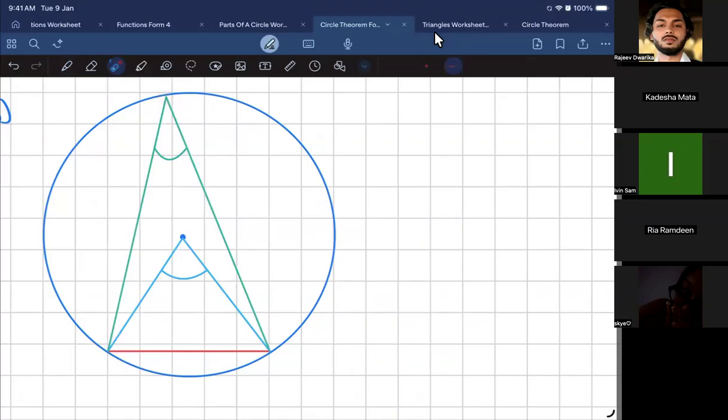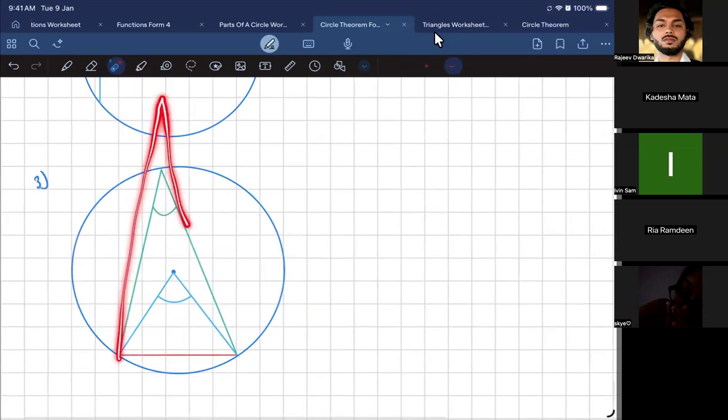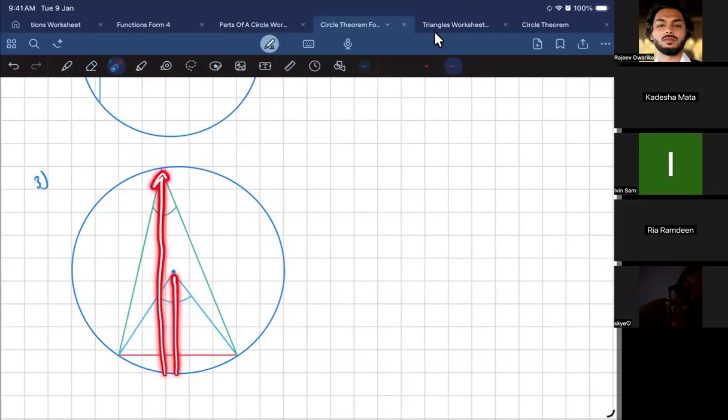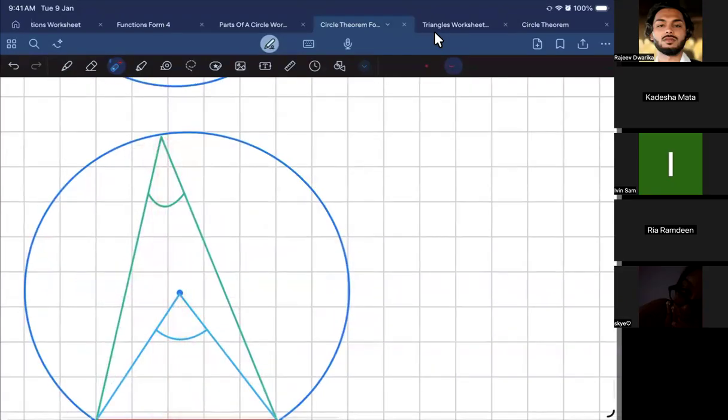This theorem says once you have angles standing on the same arc or chord, the angle at the center will be 2 times the angle at the circumference. You can see that the further you stretch the angle, the smaller it gets. The distance from here to here is half the distance from here to here, so this angle will be half this angle.